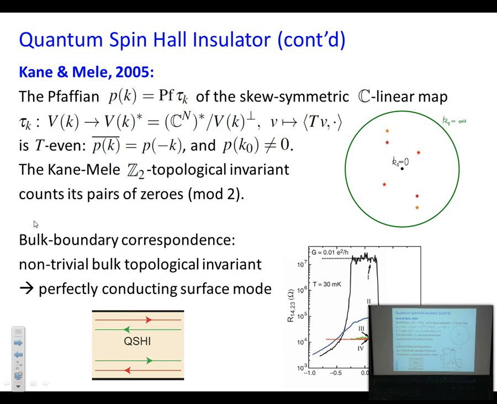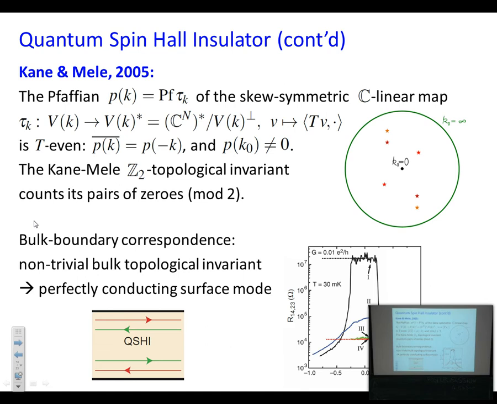Well, here's how it goes. We have this T operator. We use it together with the Hermitian scalar product to produce a map from V to its dual. Because T squares to -1, you verify that this map is skew-symmetric. So there's a Pfaffian. Let the Pfaffian at k be P of k.